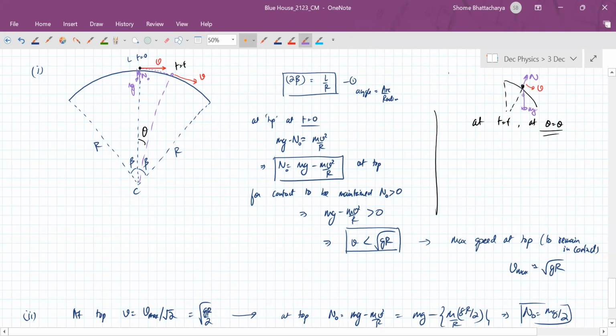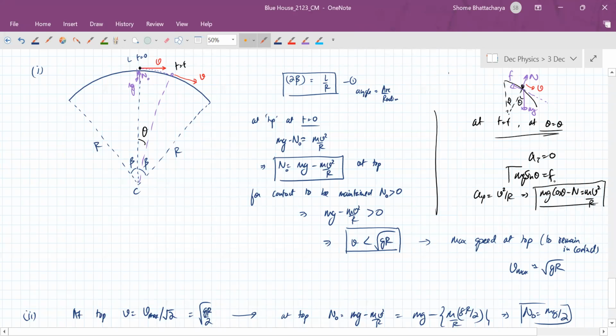So there also has to be braking to avoid slipping or acceleration. So tangential acceleration is 0, means mg sine theta has to be balanced by friction, and centripetal acceleration is v square by r. So that means mg cos theta minus n is equal to mv square by r. So these are the two dynamical equations at any angle theta.